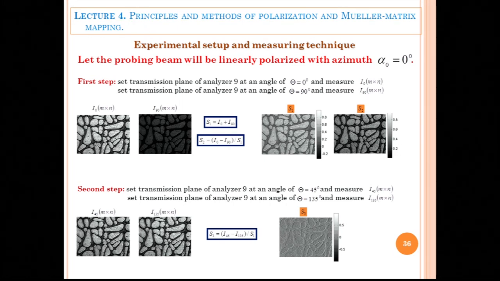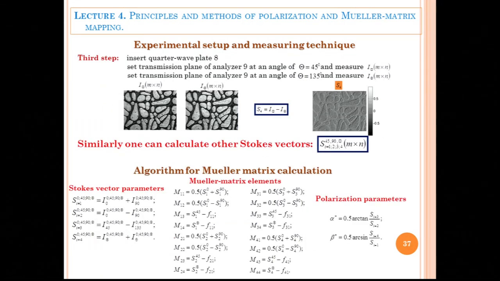The second step, 45 and 135 degrees of the analyzer: measure two distributions and calculate the third Stokes vector parameter normalized on the first. And the third step consists of measuring the fourth Stokes vector parameter, and we will obtain this one.